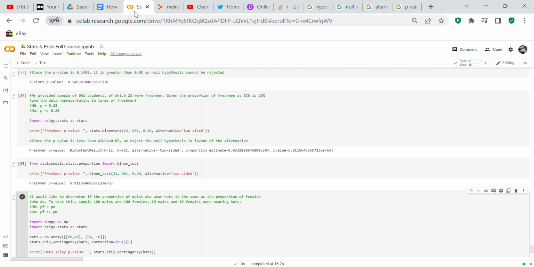The thing about stats models is, stats models had originally been part of SciPy. And then at some point they decided to take stats models out and make it an entirely different library. So you've got SciPy that enables you to do statistics, and stats models that enables you to do statistics.